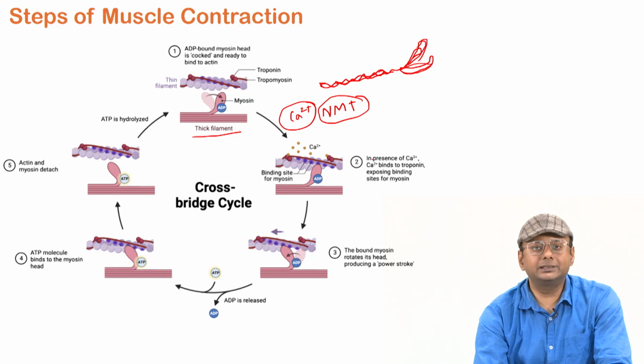When troponin binds, it removes the tropomyosin which was occupying those myosin binding sites. That means myosin can now bind to the actin, right.